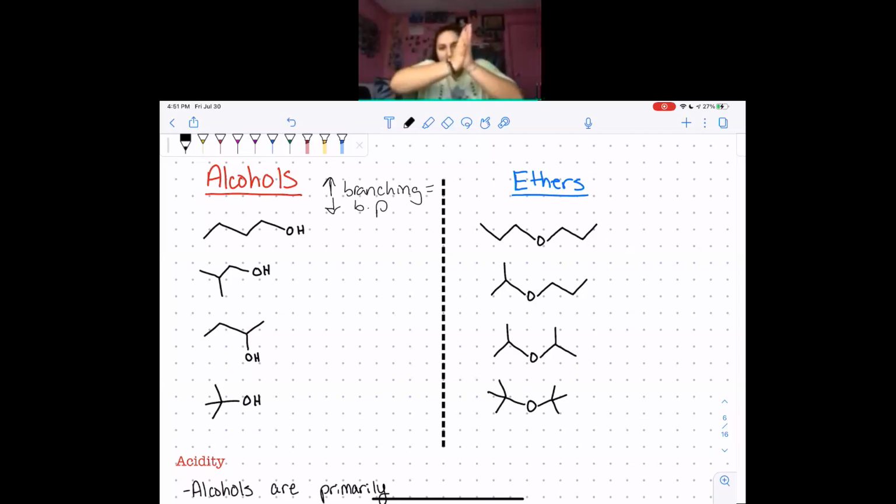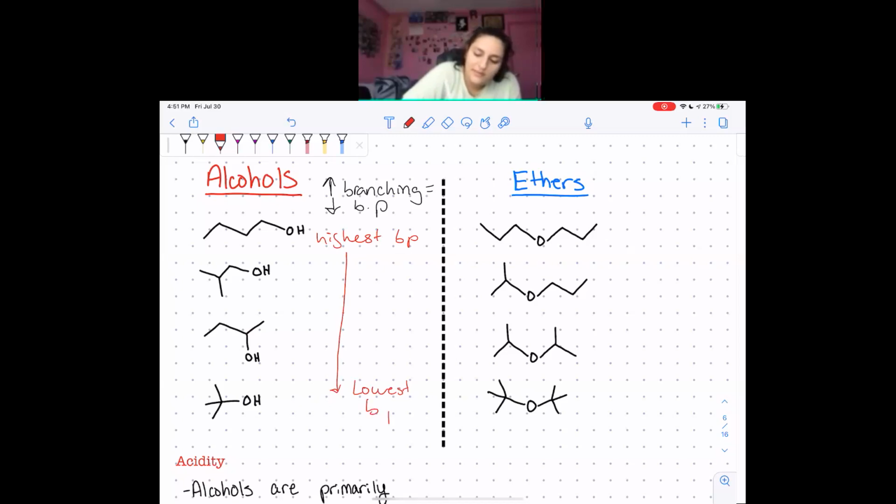So if we're super, super tight like this, it takes a lot of energy to rip those apart. But if we're like this anyway, it does not take a lot to rip these apart, right? So this is going to be the highest BP to lowest BP.